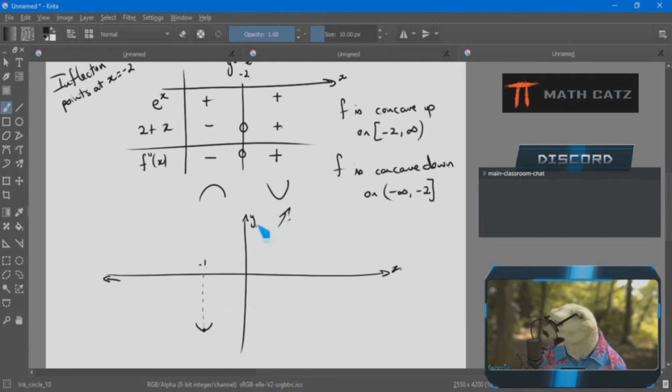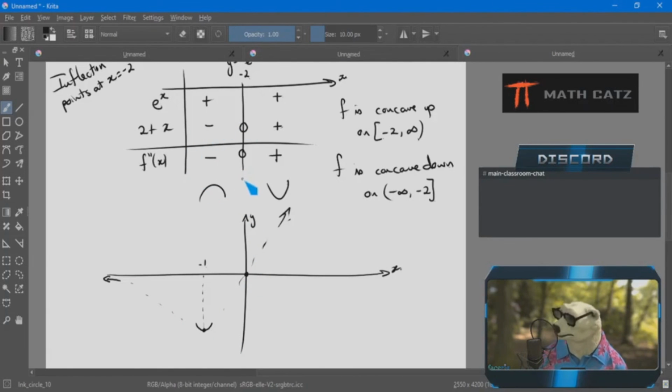We would have a y-intercept of 0, and that's pretty much what we have, right? Increasing on the right side of -1, decreasing on the left, increasing on the right. Okay, so somehow we have to come down to that turning point and up. Okay, it's fine.